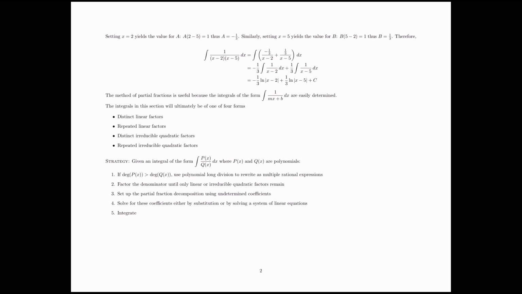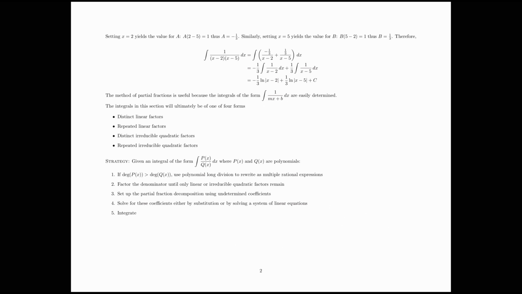But really, the last thing that we want to talk about in this introduction is that no matter what rational expression we start with, we are going to fall into one of these four categories. We either have something like here, distinct linear factors. So distinct because the factor here is x minus 2, the factor here is x minus 5, and they're different.